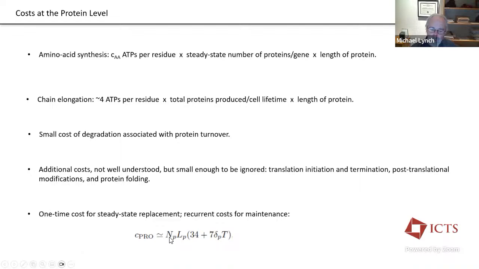The cost is proportional to the number of protein molecules in the cell and the number of amino acids in the protein, and it's a function of the decay rate and of the cell division time. So if proteins didn't decay in cells, this whole second term would disappear.